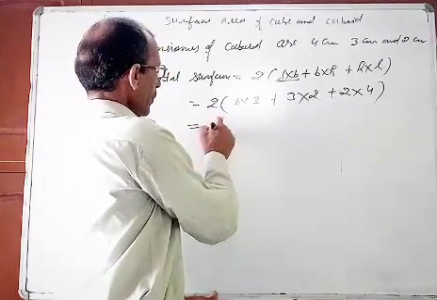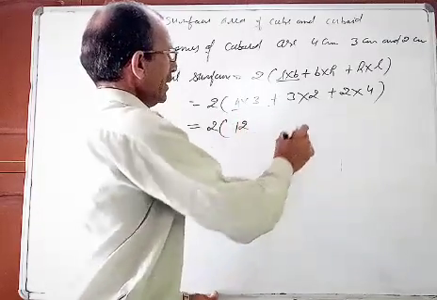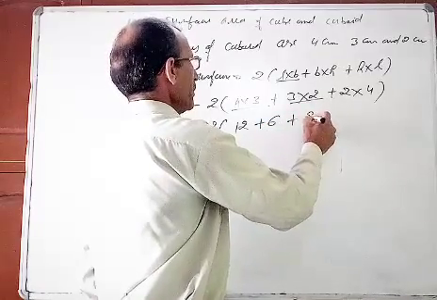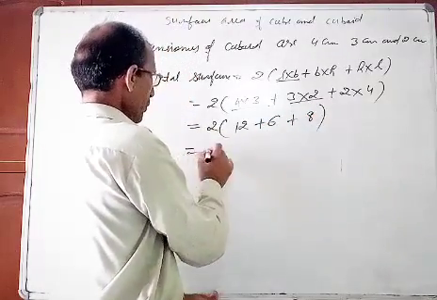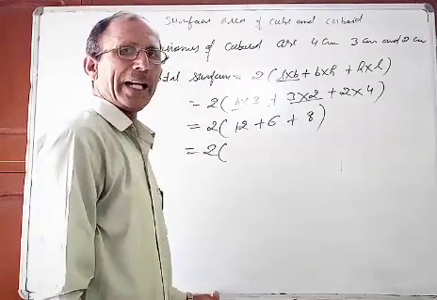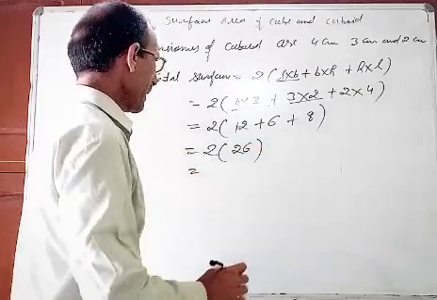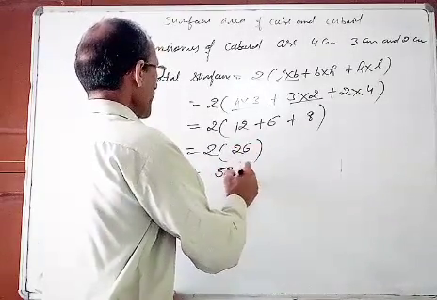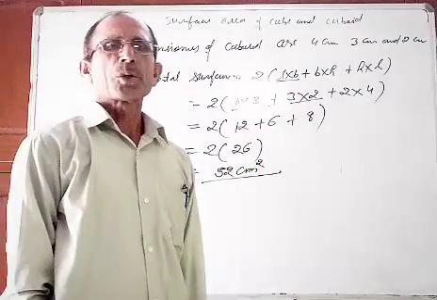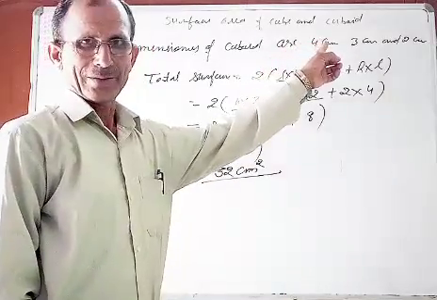Okay. 2 into (4 multiplied by 3, 12; 3 multiplied by 2, 6; 4 multiplied by 2, 8). So 12 and 6, 18; 18 and 8, 26. 26 multiplied by 2, so it will be 52 square centimeter. This is the total surface area of the cuboid.